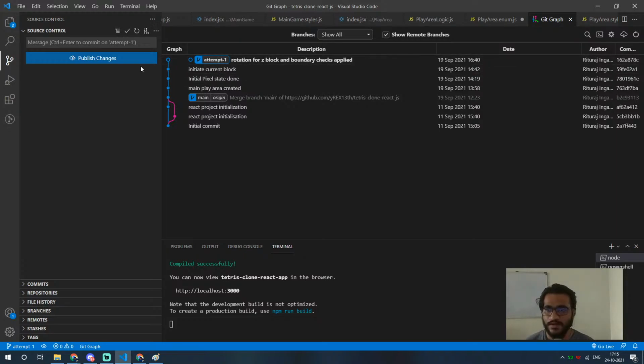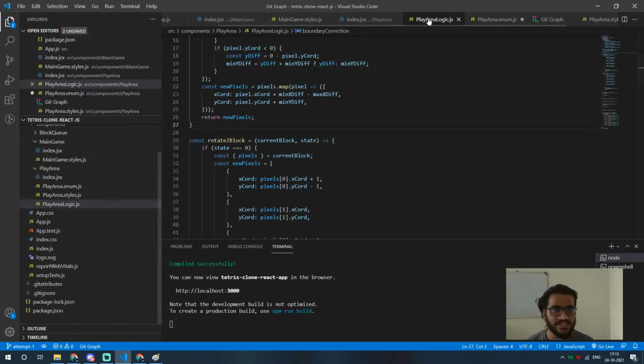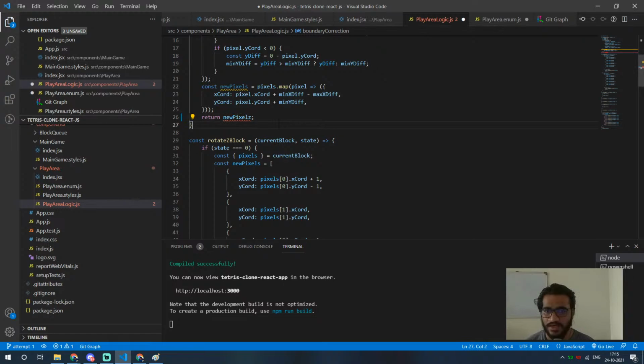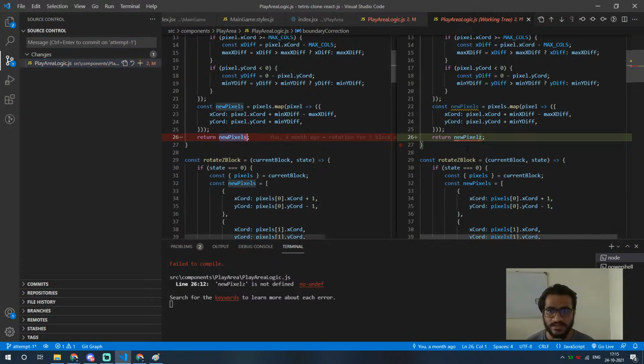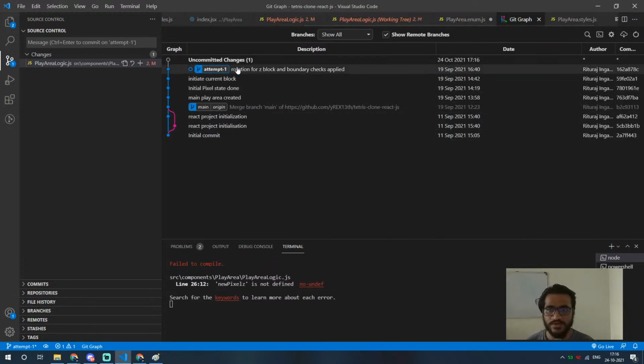Now whenever I change something, like if I mess up something like pixel Z, and I save, anything I have messed up or worked on is stored in such a way that there is always a point where you can go back, which is a stable state. That's why I use Git a lot, because I know we are going to mess up in our development, and there is a way to come back to a stable state anytime.